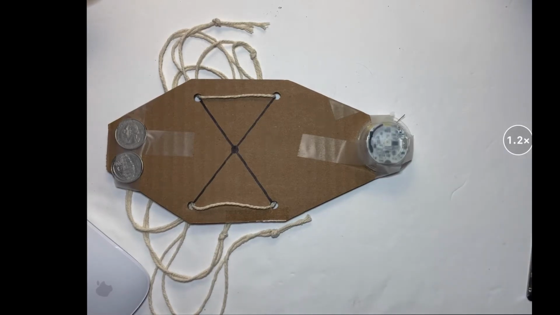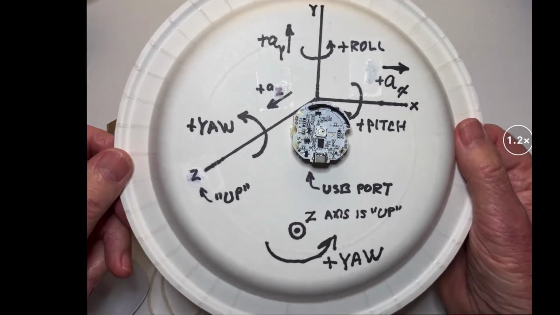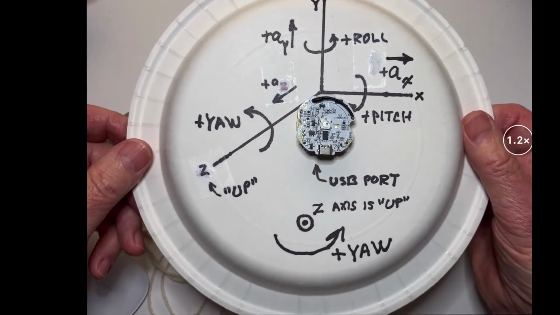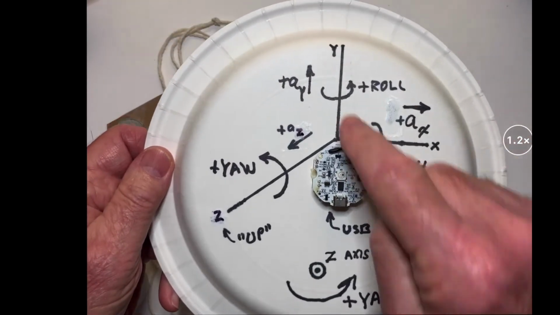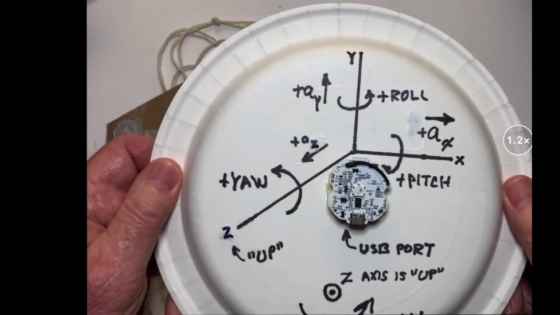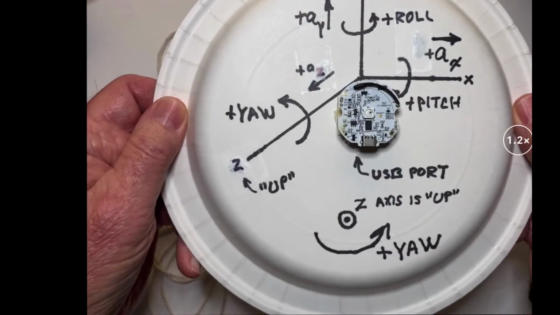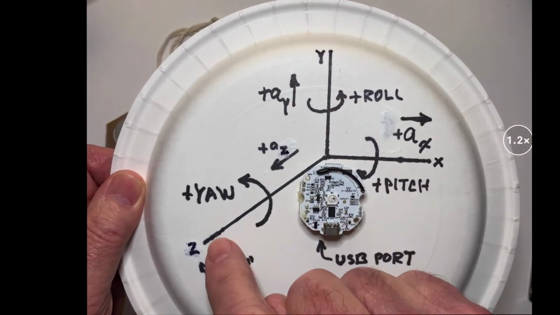The orientation of the pitch, roll, and yaw, and AX, AY, and AZ is in a figure in the book here. This will be a fancier photograph when I get the final version done. But here's the X, Y, and Z axis for the acceleration. So acceleration in the X axis, in the Y axis, or in the Z axis here. That's AX, AY, and AZ.